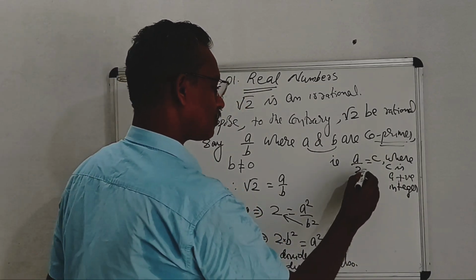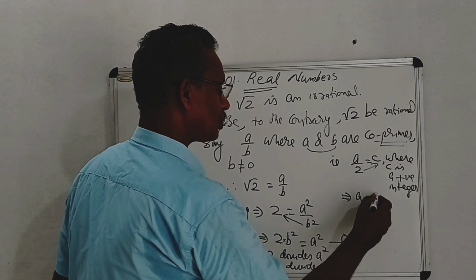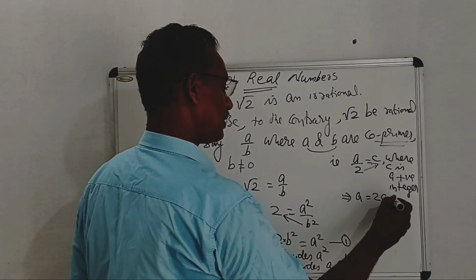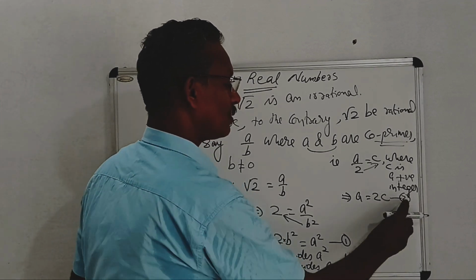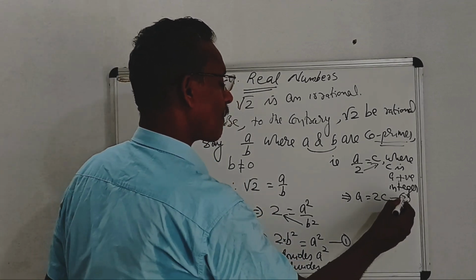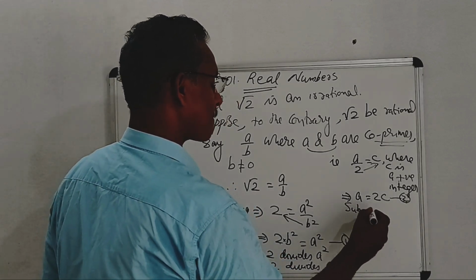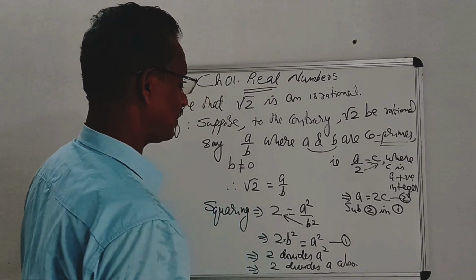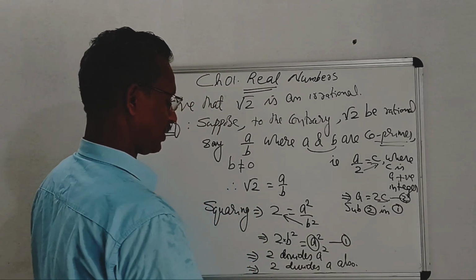Then you cross multiply this, you get a is equal to 2c. Let this be the second equation. And then substitute this second equation in the first equation. In equation first, in a's place you write this 2c.